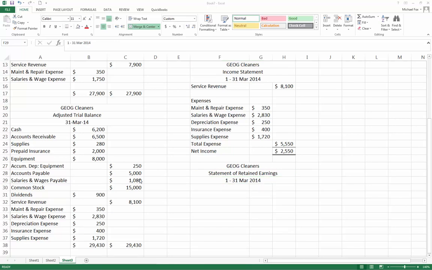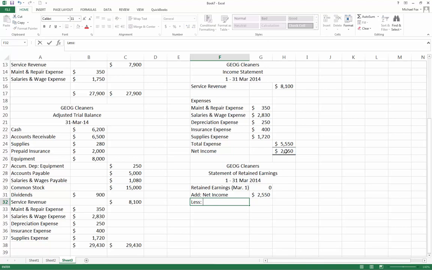So for that, we'll just say retained earnings at March 1st were 0, right? Because it's a new company. We'll add net income, which we just figured out is $25.50, less or deduct dividends, which we know that balance is $900.